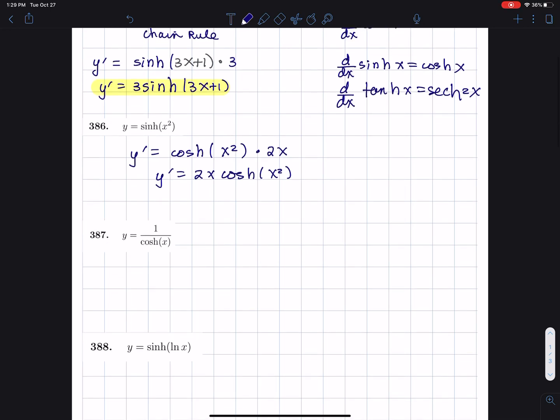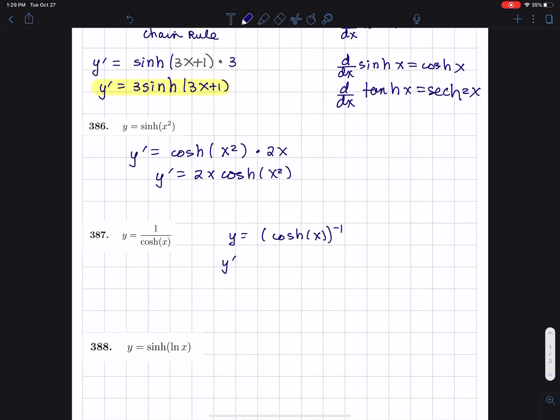The next one's a little bit more tricky. You could do it two ways. You could use the quotient rule, or do what I'm going to do, which is the chain rule. I write this as hyperbolic cosine x to the minus 1 power. When I do that, I do not mean an inverse function. I mean literally, as we see over to the left, the reciprocal of hyperbolic cosine.